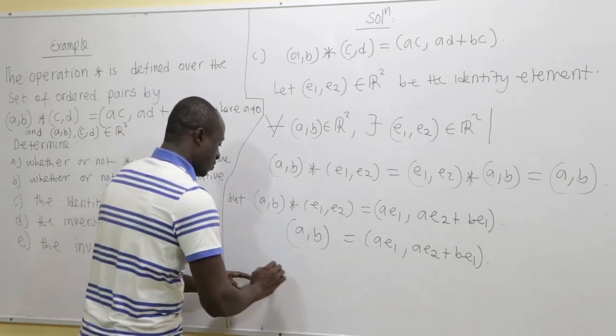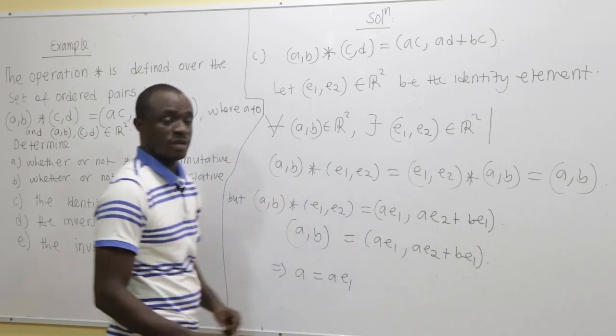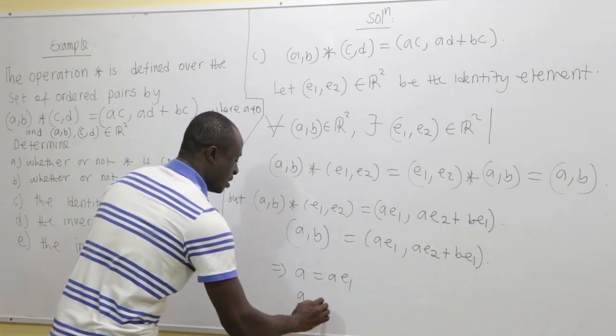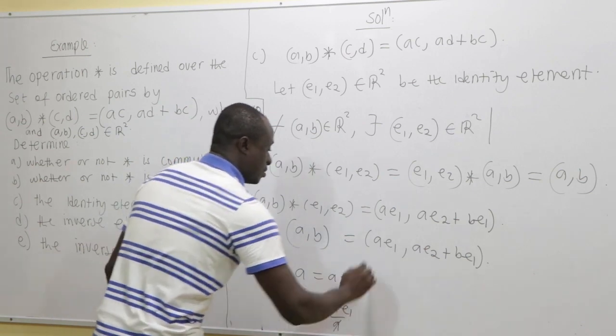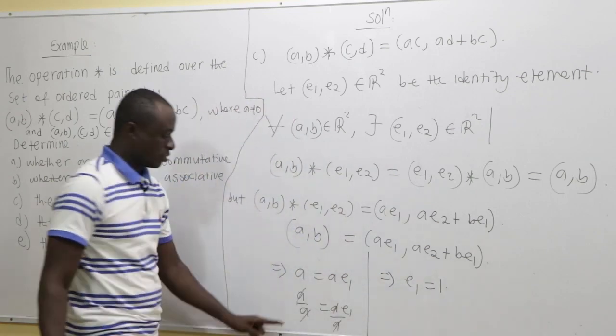So here equating, clearly this first element is equal to this first element. So this implies A is equal to AE1. Finding E1, we can divide through by A, so A over A equals AE1 over A, this cancelling out that. So this implies that our E1 is equal to 1.